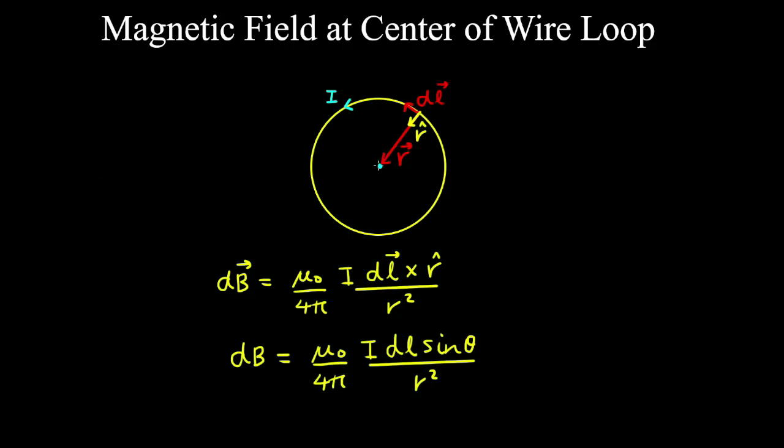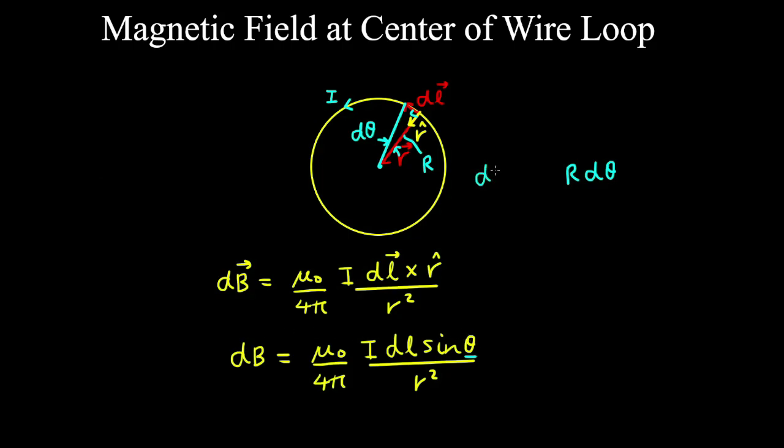So using the geometry of this problem, if we take this as our differential angle and the radius of this circular loop as r, then the differential length is r d theta. And theta, being the angle between dl and r hat, is always 90 degrees. So sine pi on 2 is always 1.